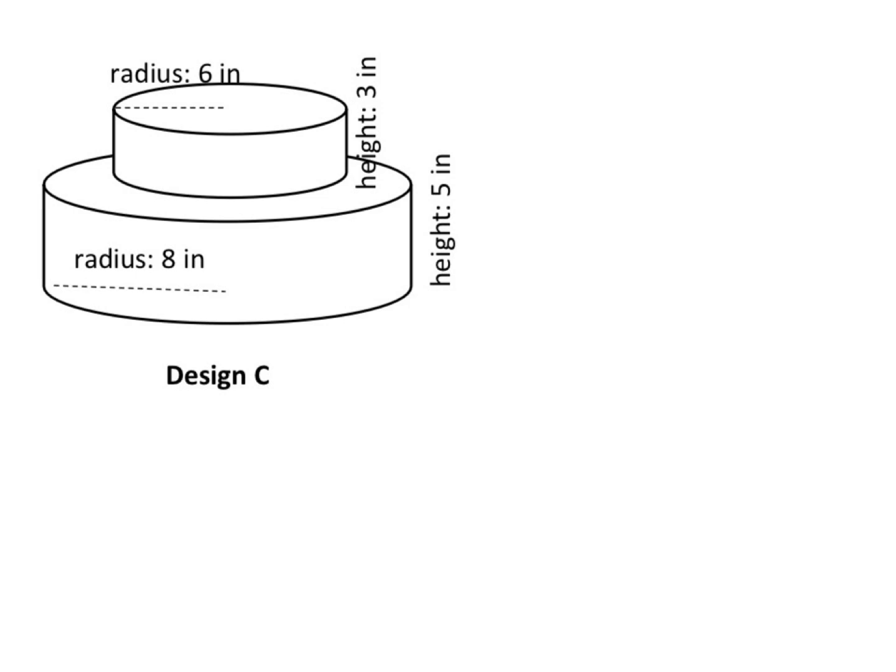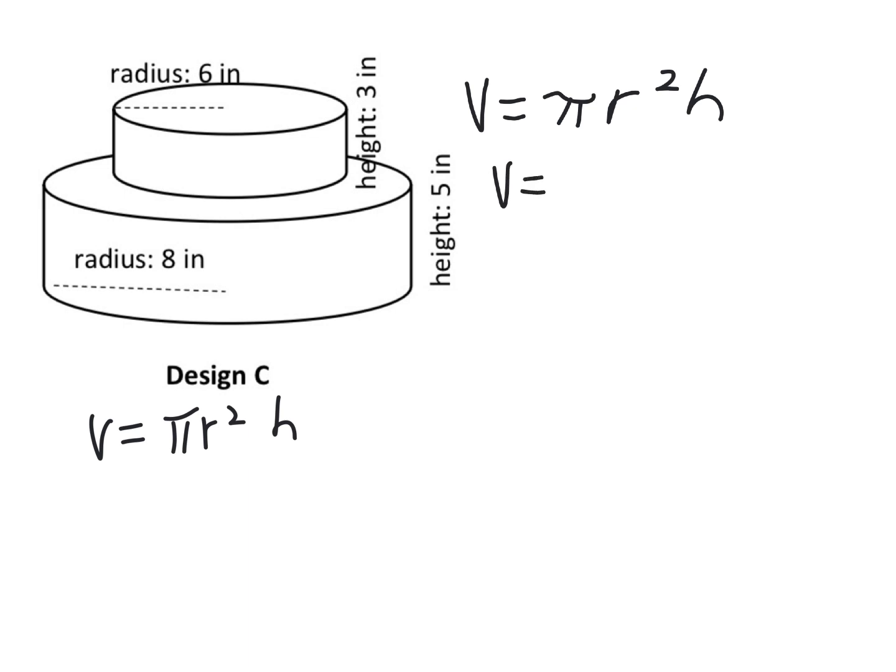Okay, and design 3, which I liked from the beginning, I liked the cylinder shape. Just seems a little fancier to me. So for a cylinder, the formula was pi r squared h, and we're going to have to do that twice. Okay, so I'm going to do the top, the smaller one first, this one right here.